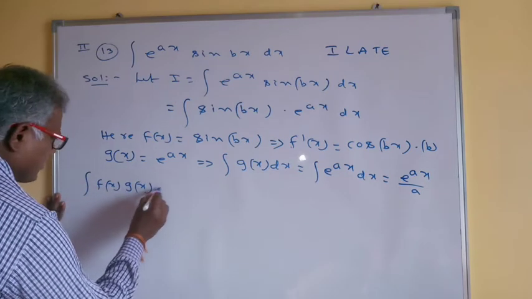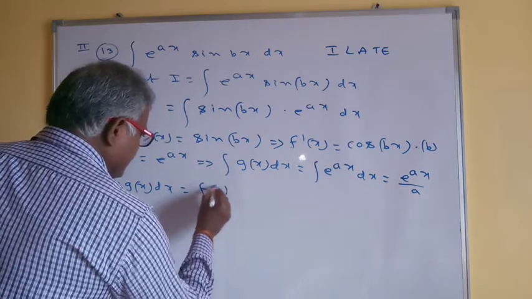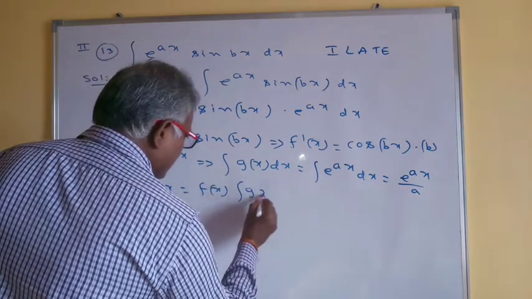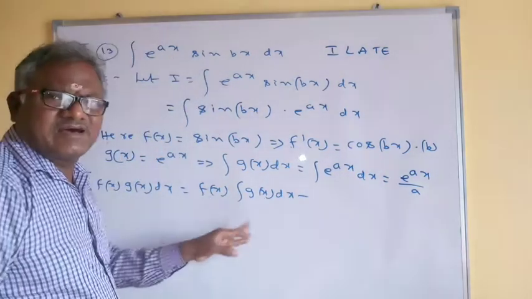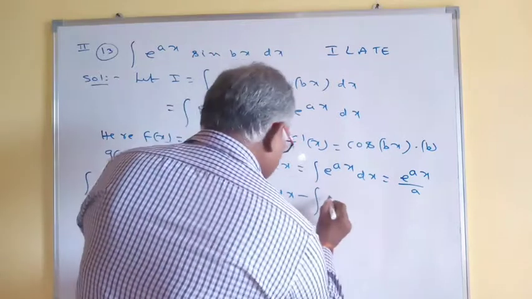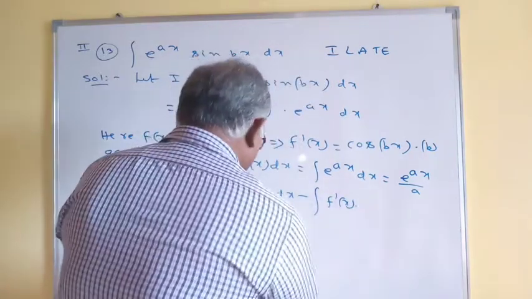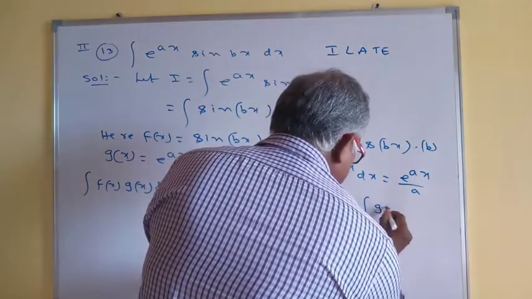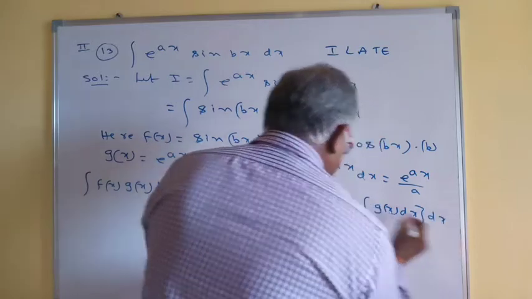Integral of f of x g of x dx is equal to the first function into the integral of the second function, minus the integral of the first function's derivative into the integral of g of x dx.